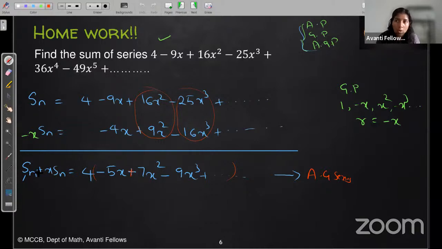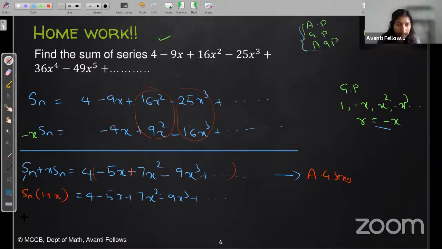Multiplying by the common ratio again. So we can write it as Sn into 1 plus x, and the remaining terms as it is: 4 minus 5x plus 7x squared minus 9x cubed plus so on. So multiply this with the common ratio, that is minus x, correct?